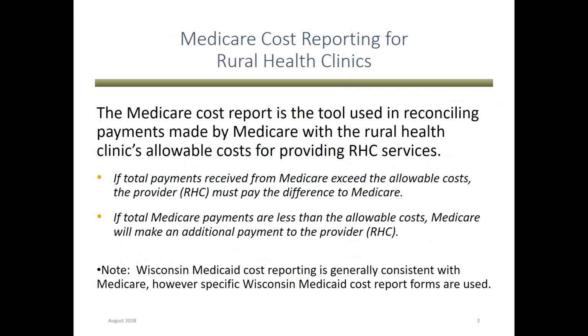Note that the Wisconsin Medicaid cost reporting is generally consistent with Medicare. However, the Wisconsin Medicaid program does have separate cost reporting forms that are to be used by the Rural Health Clinic to identify and reconcile payments received from the Medicaid program for rural health clinic services.